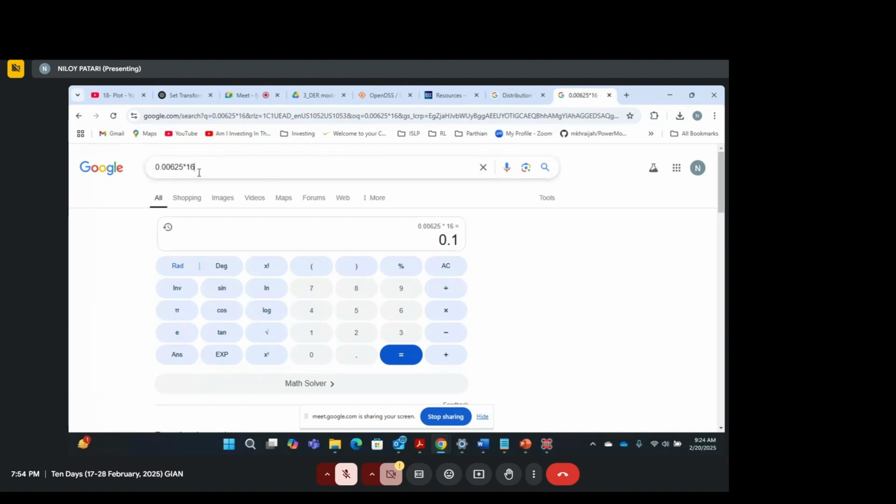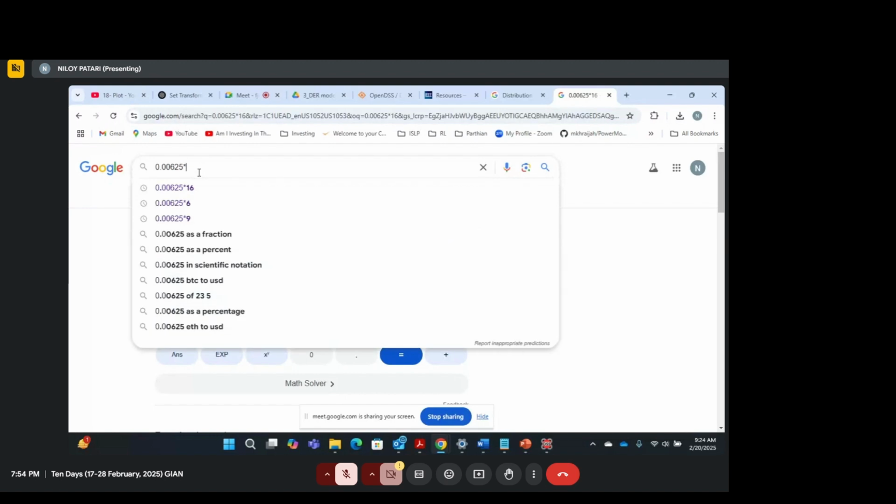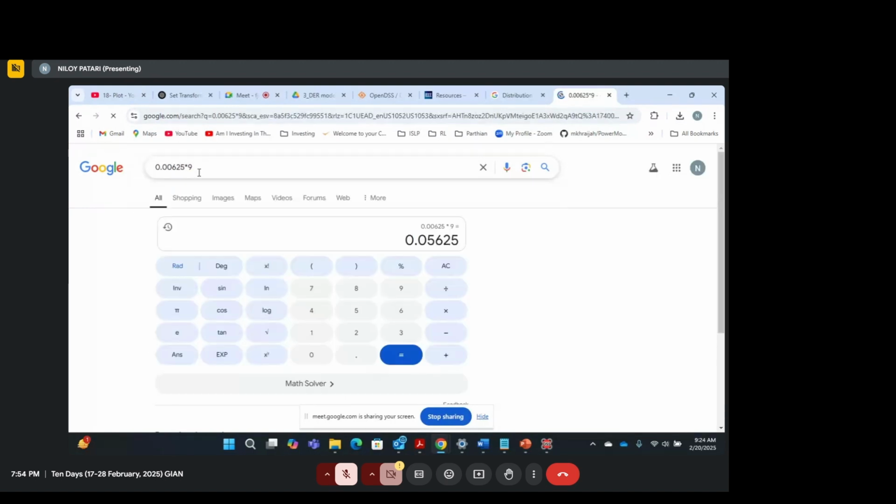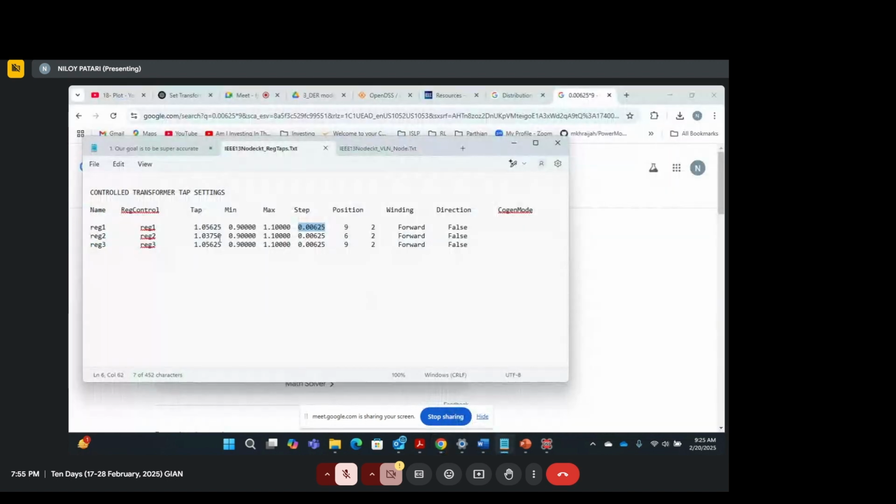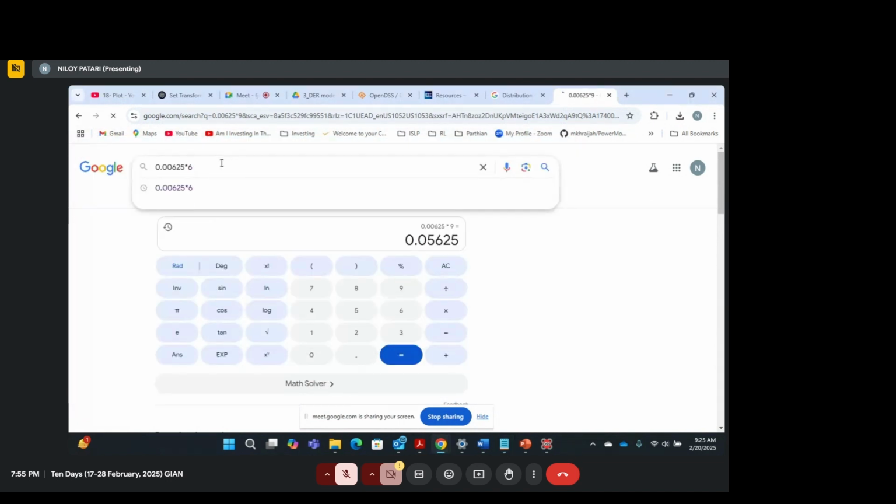So 0.00625 multiplied by 9 is the amount of per unit voltage that will get boosted, right? So this is what happens in RG60. When you have tap position 6, it will be boosted by 0.0375. If you just multiply that with 6, it will be exactly that.